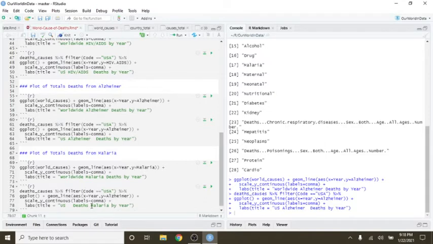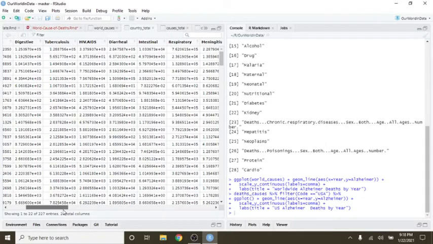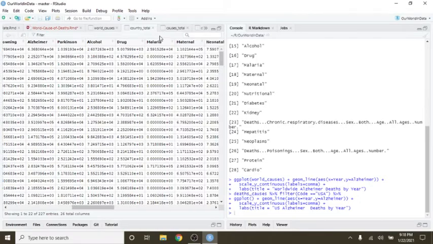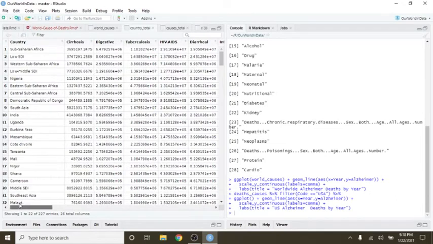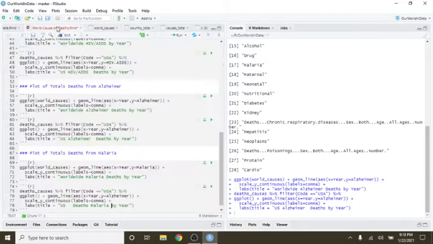Okay, let's come up here. Okay, let's sort by malaria. And for this, let's just do something different. Let's just take a look at malaria.